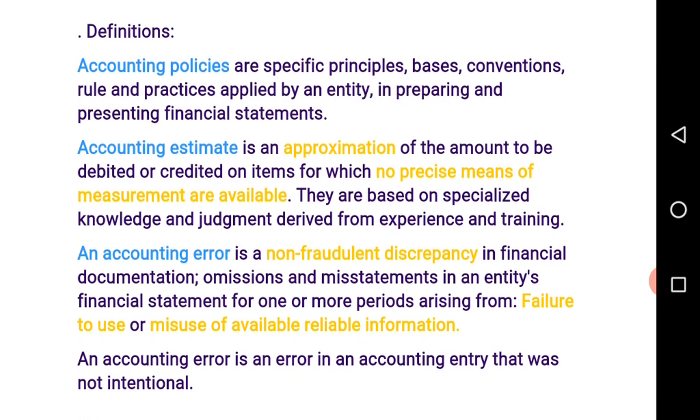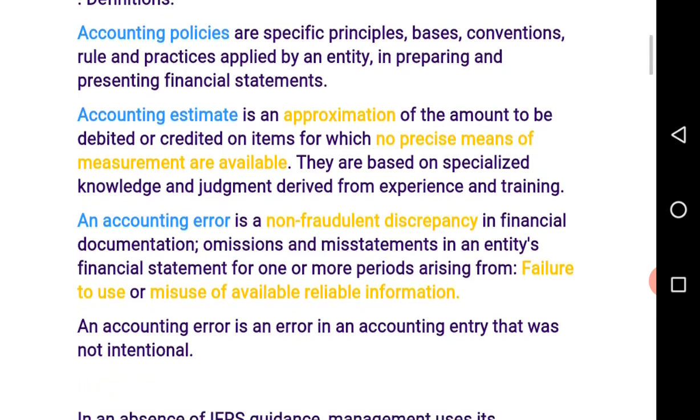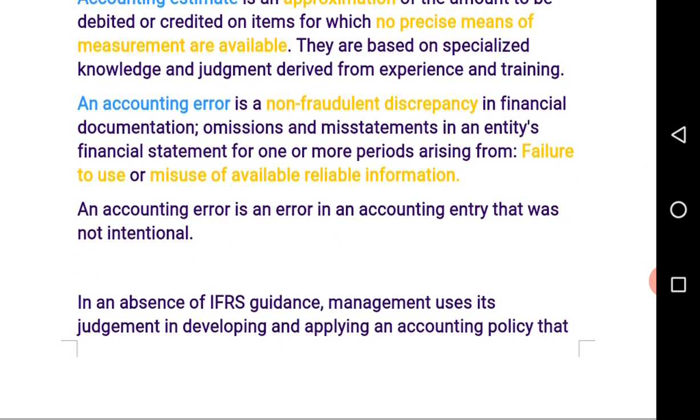And of course, error is not fraud. Fraud is deliberate, error is not deliberate. An accounting error is an error in accounting entry that was not intentional or not deliberate. A deliberate one is fraud.